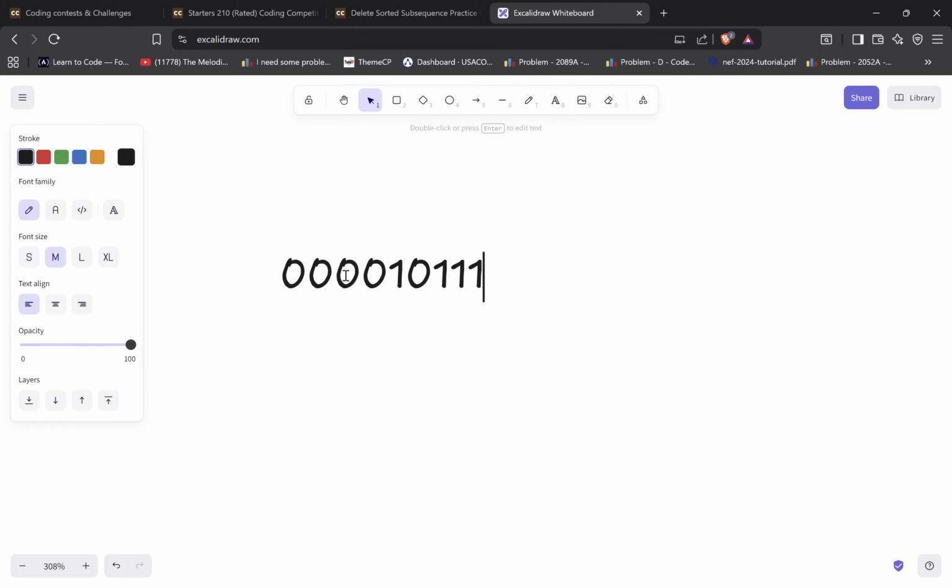Now here comes the tricky part. Here this one is beautiful, that we have already seen. This whole thing till here is beautiful.